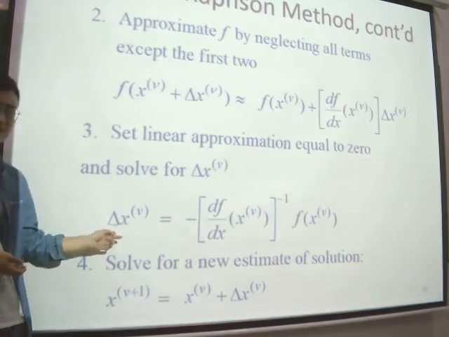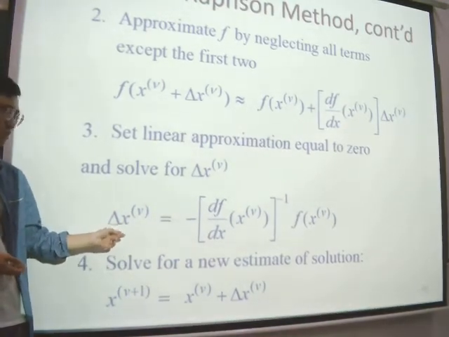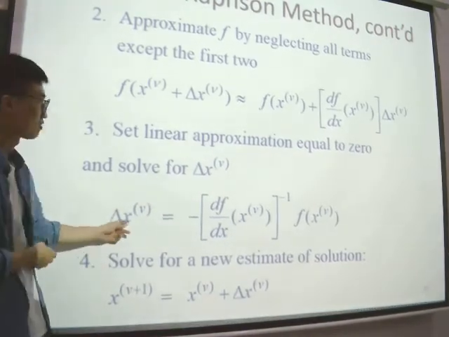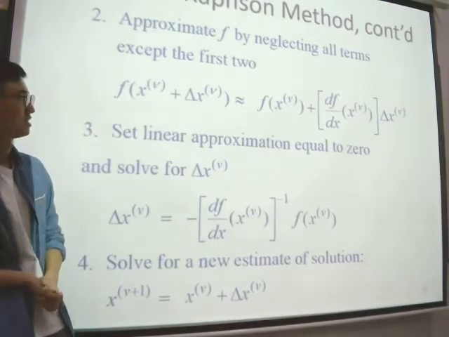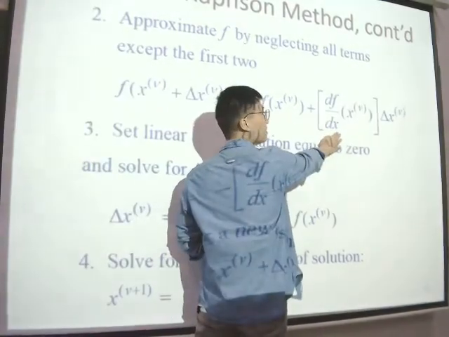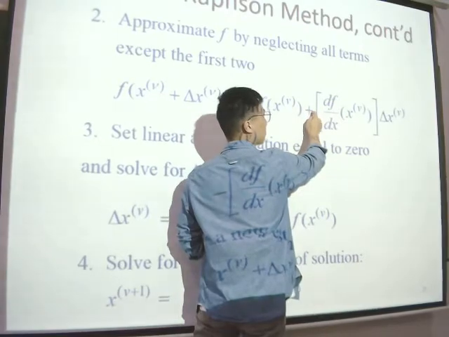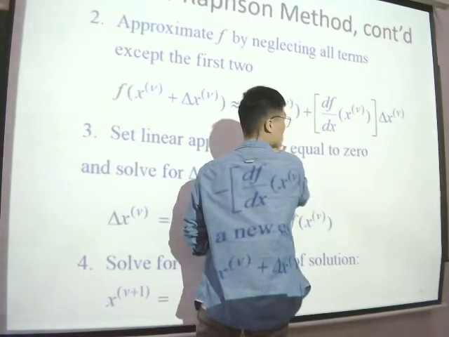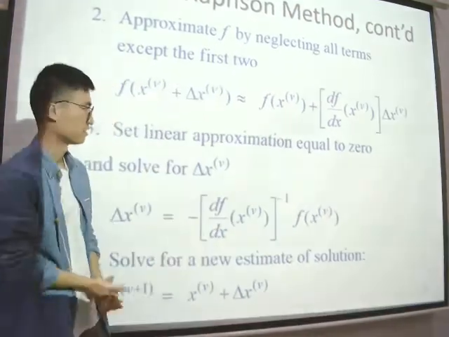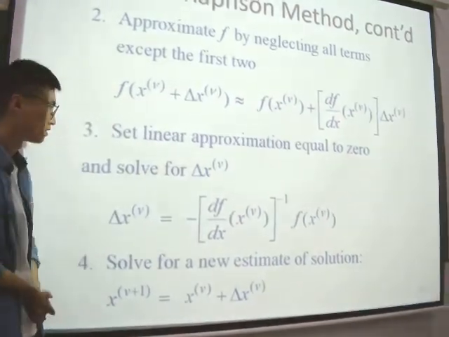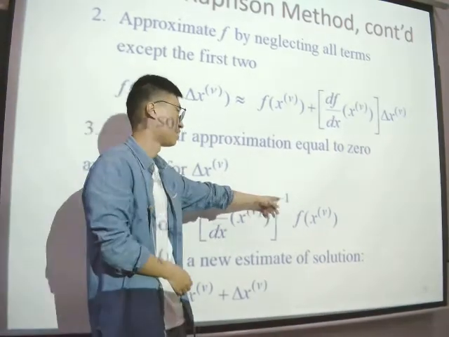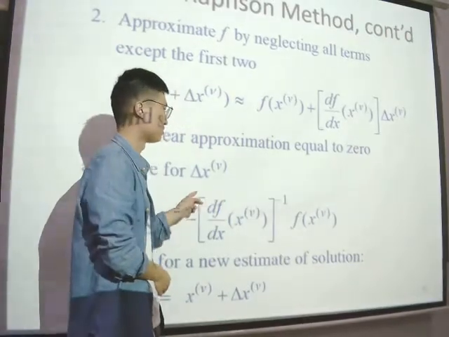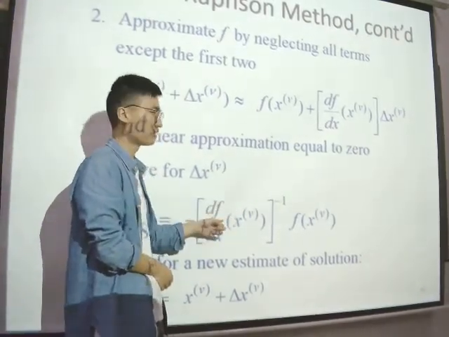Okay, so this is the delta x, equal to this, because this part is 0. Then we put the derivative down to the denominator, so this is our minus, minus f over the first order derivative, and this is the denominator.